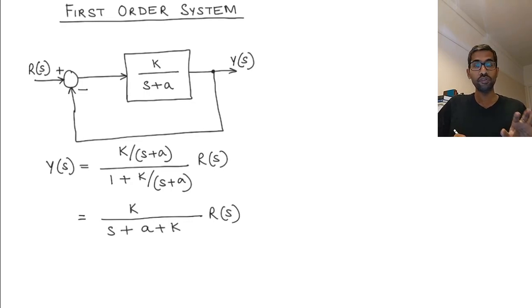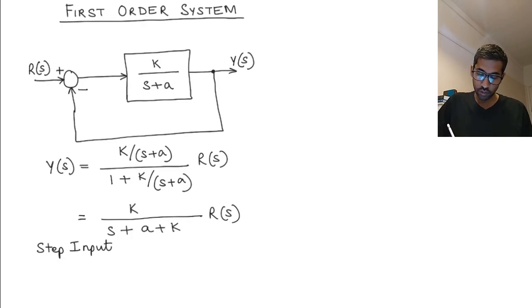Now, if I want to find out the response of the system to a step input, I want to look at the output when I have a step input. What is a step input?